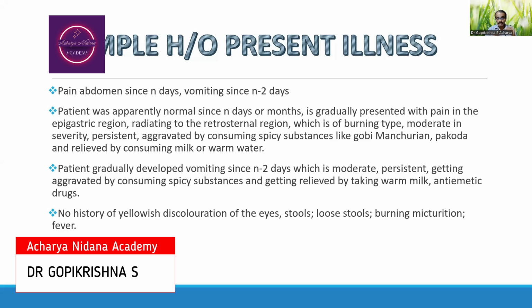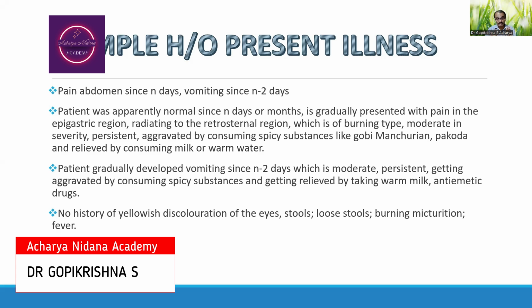First of all, regarding the first complaint, patient was apparently normal since n days or months, gradually presented with pain in the epigastric region, radiating towards the retrosternal region, which is of burning type, moderate in severity, persistent, aggravated by consuming spicy substances like gobi manchurian, pakoda, etc., and getting relieved by consuming milk or warm water. This is the first presenting complaint.